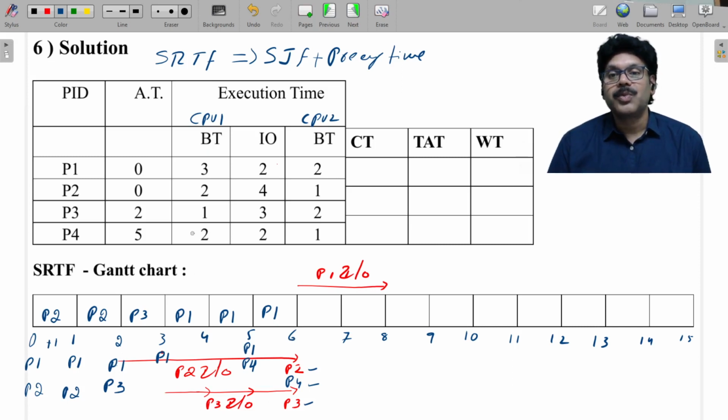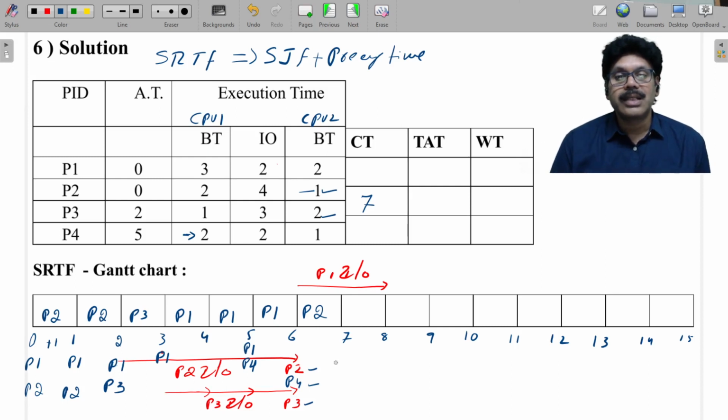Remember that, because P4 is not yet completed, but P2 and P3 are requesting CPU 2. So you need to compare CPU 2 with CPU 1. Now, which is the shorter among 1, 2 and 2? P2 has the shorter one. So P2 will be given a chance. That's it. P2 got completed by 7. It executed CPU 1, IO, as well as CPU 2.